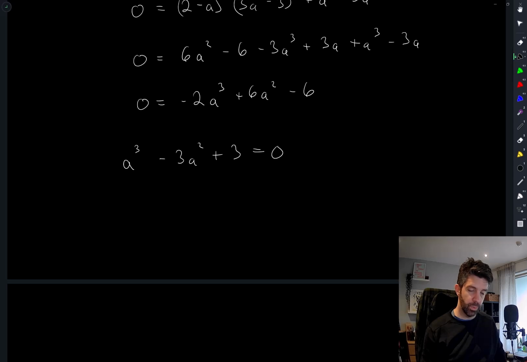Well, it's a cubic equation, so the number of roots has to be odd. It's either 1 or 3. Let's call the thing on the left f of a.